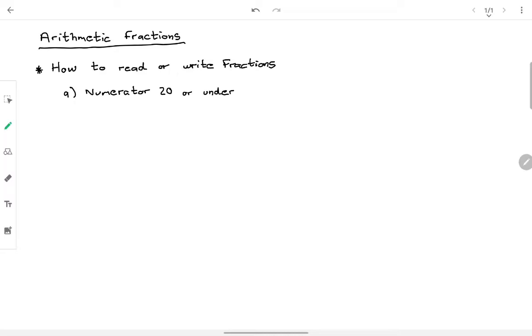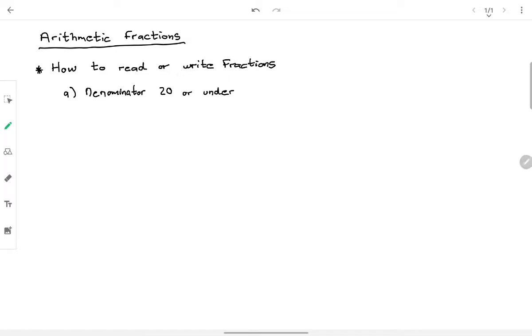Now we are going to see how to read or write fractions. The first thing we are going to see is how to read or write fractions where denominator is 20 or under. What does this mean?